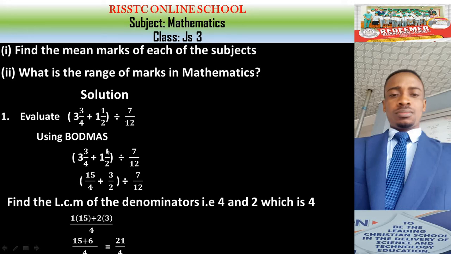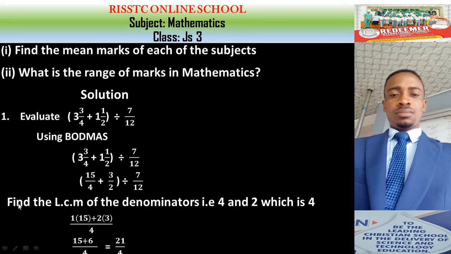Now let's quickly solve the problem in the bracket. Let's change this to an improper fraction by saying 4 times 3 is 12, 12 plus 3 is 15 over 4. As you can see, plus 2 times 1 is 2, plus 1 is 3 over 2, divided by 7/12, which is constant.